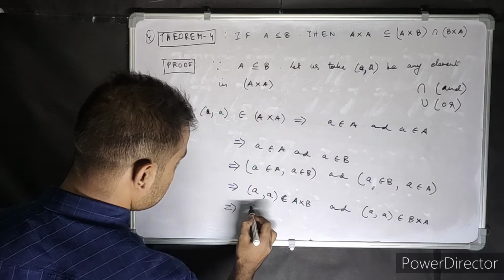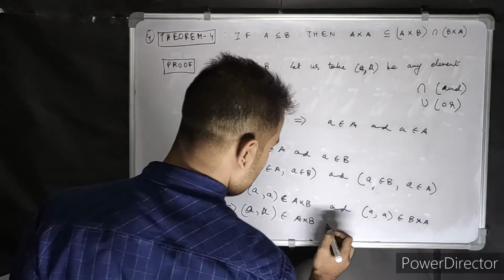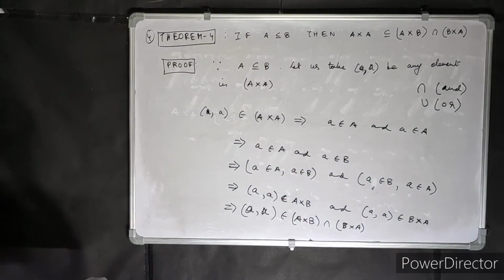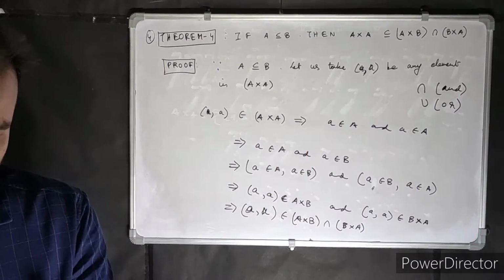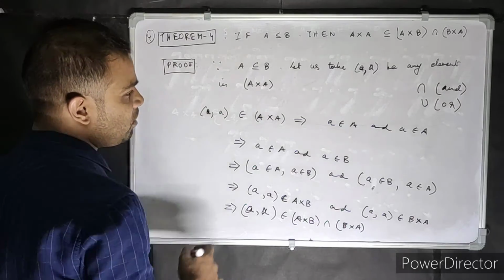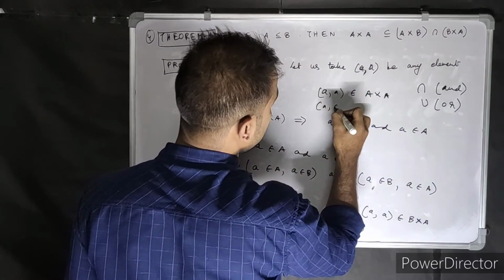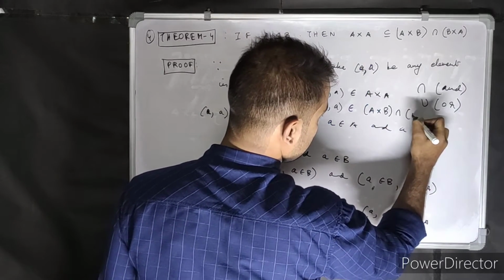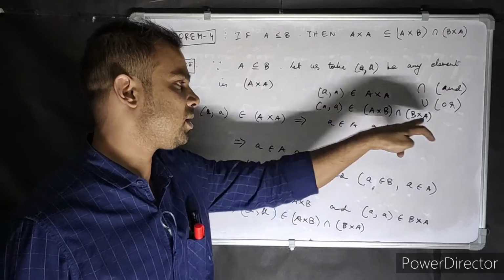So this implies that (a, a) belongs to A cross B intersection B cross A. That means this element which we had taken in A cross A, (a, a), belongs to A cross A, and it also belongs to A cross B intersection B cross A. That means this element belongs here and also in this intersection of both of them.